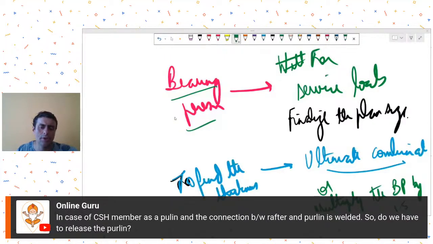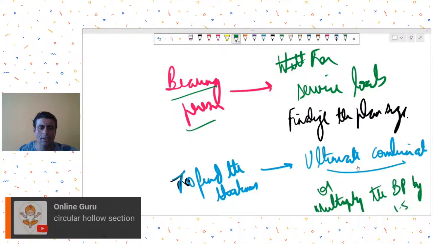Generally, if the purlin is on the top of the rafter, even welded connections will not give you rigidity. So in such a case, you may not assume complete moment transfer between the rafter and purlin. Okay, circular hollow section. So it should be CHS, not CSH.